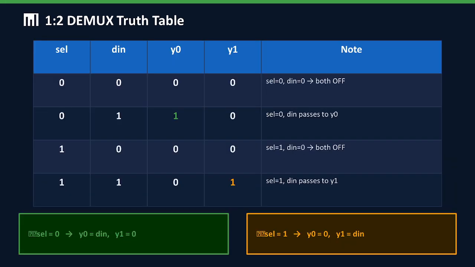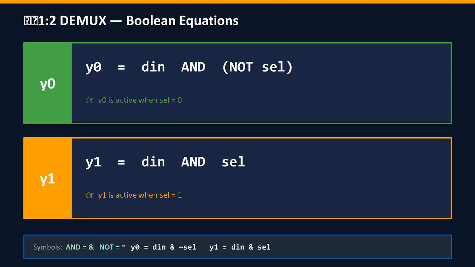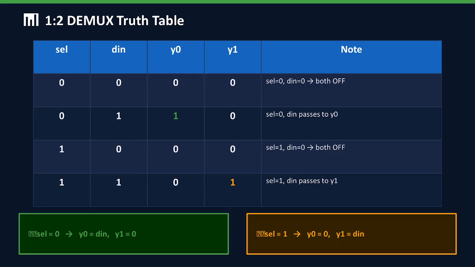We will just try. What is the boolean equation? D in and select, right? It's going to work for y1 when the select line is 1. Now you have select line equal to 1 and D in equal to 0.